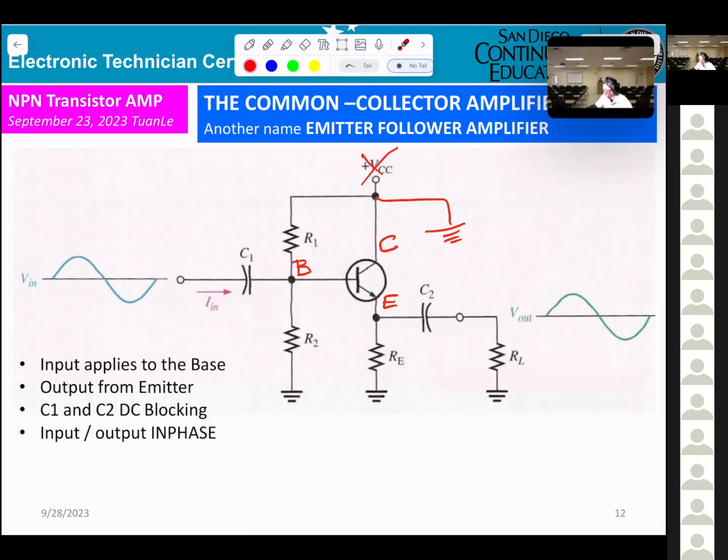Input here, output here, almost the same. Why do we need that amplifier? The reason is they get a very high input impedance. So if you connect the amplifier output to this amplifier, they get a high input impedance, so they're not loading the signal of the other one. That's why they need it.